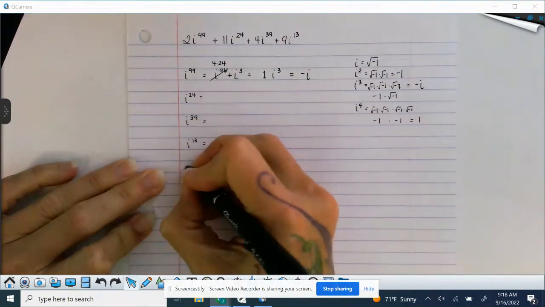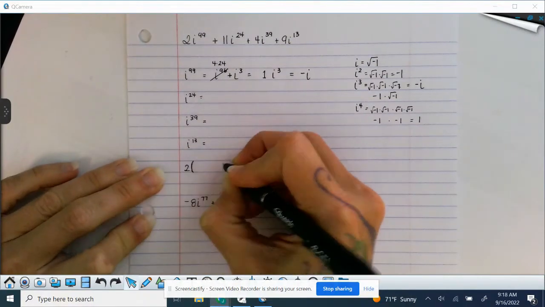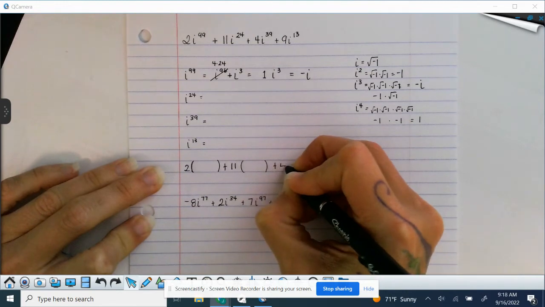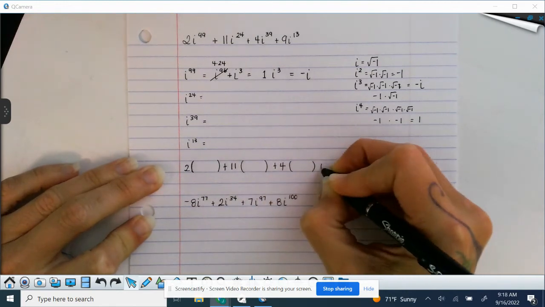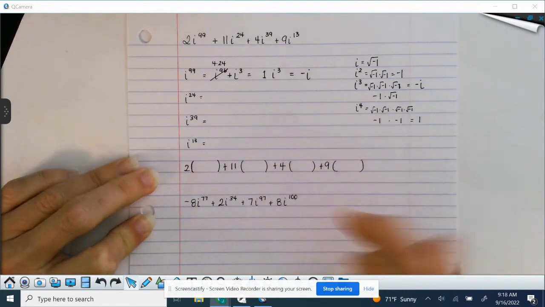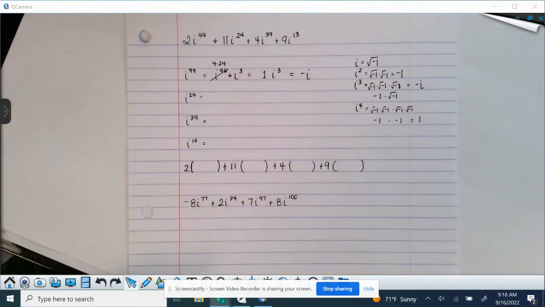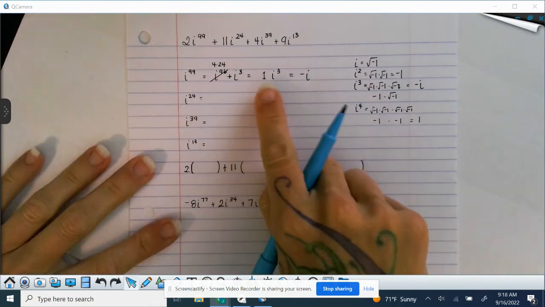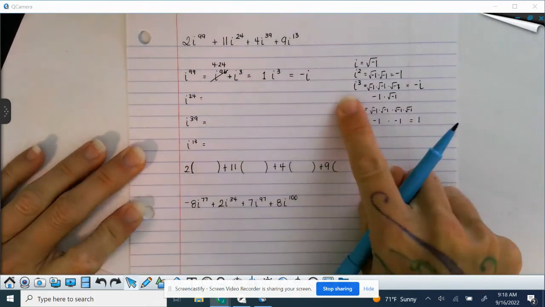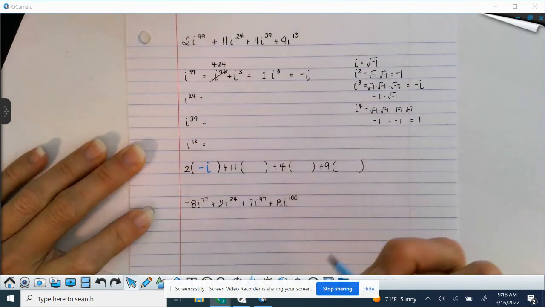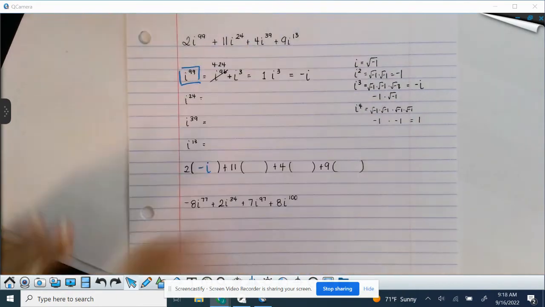So if we're looking at 2 plus 11 plus 4 plus 9, and we've pulled out all our i's, these little parentheses are what we're working on up here. Then that first i^99 is going to be 1 times i to the 3rd, and i to the 3rd again is -i, so 1 times -i is -i right here, because that's our 99.